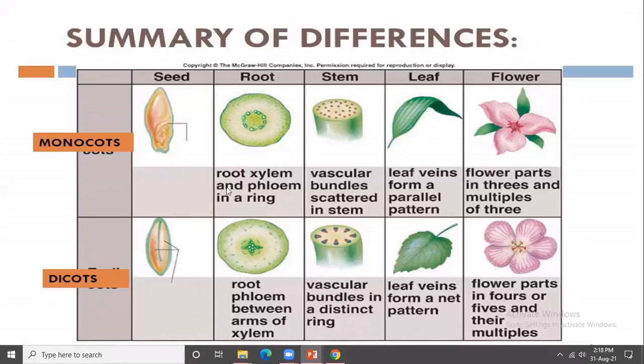Transport the food. The xylem transports the water and ions and some nutrition, and phloem transports the food.